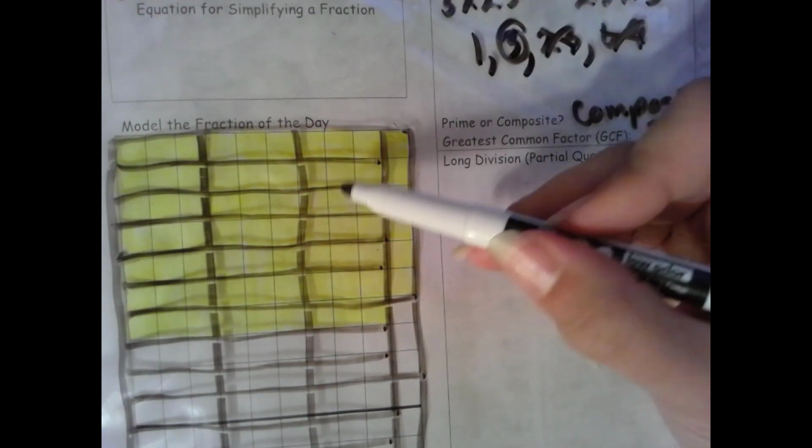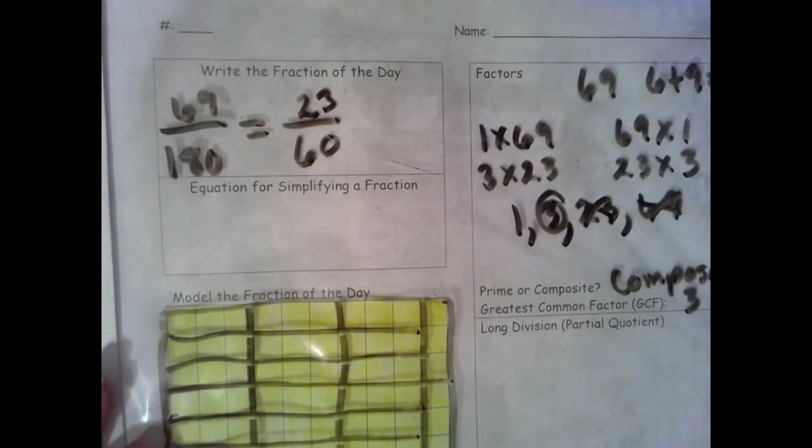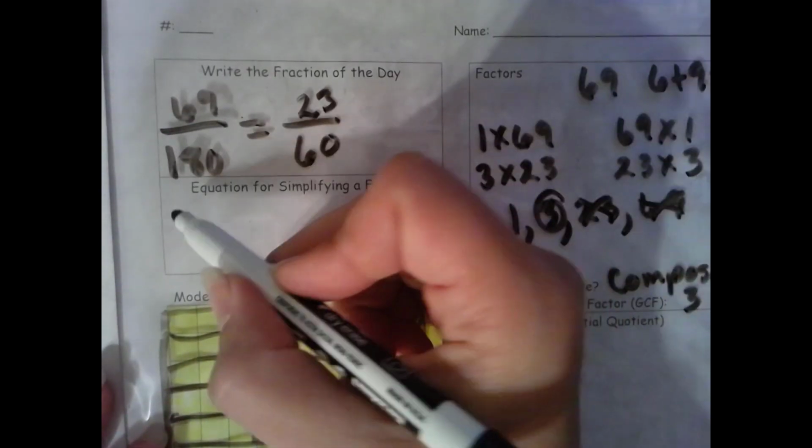And I have 3, 6, 9, 12, 15, 18, 21, 22, 23 shaded in. Oops, sorry. 23 shaded in out of 60.